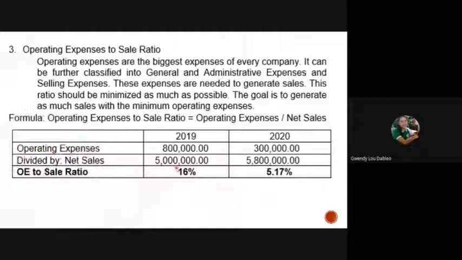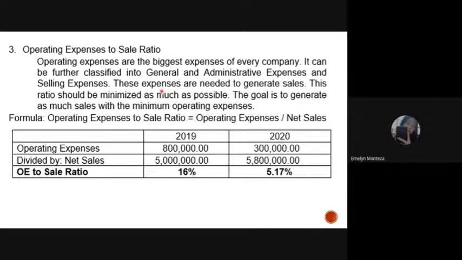Number 3, operating expenses to sale ratio. Kindly read the definition, Emeline. Yes, ma'am. Operating expenses to sale ratio. Operating expenses are the biggest expenses of every company. It can be classified into general and administrative expenses and selling expenses.